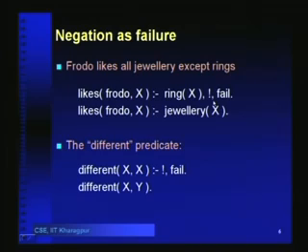Now, the only thing that you have to be cautious about here is that this cut is going to only prevent you from trying out any of the rules which have likes as the rule head. But it does not prevent you from backtracking across predicates at some other level in the proof tree.